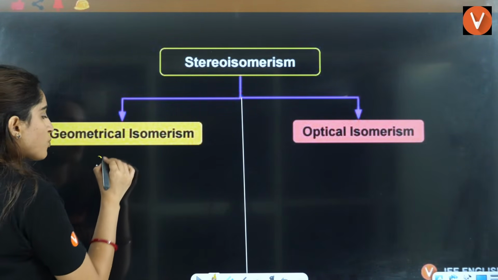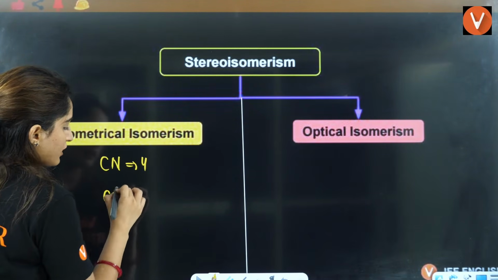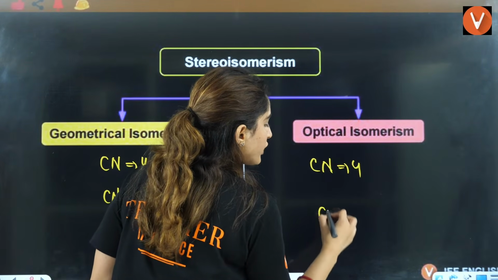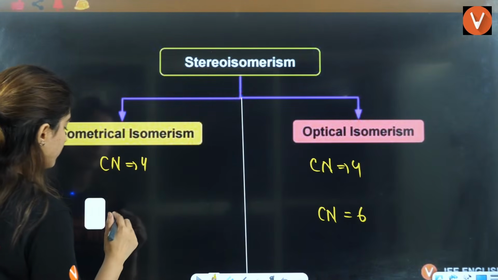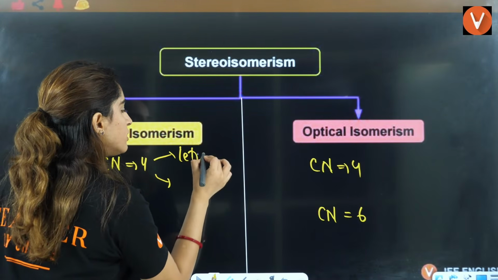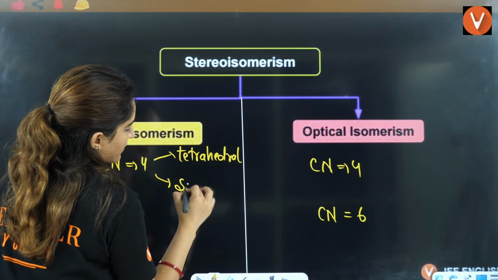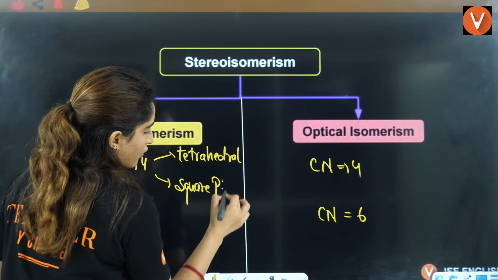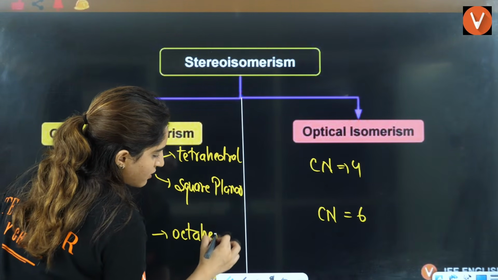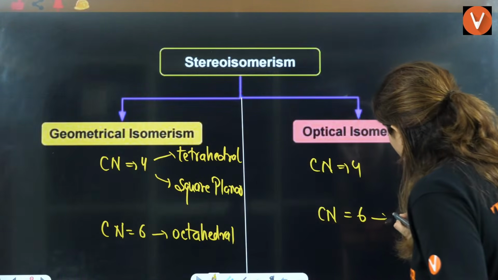We are going to discuss both of them in coordination number 4 and coordination number 6. For coordination number 4, you have two kinds of geometries: one can be tetrahedral, the other can be square planar. Coordination number 6 is always octahedral, whether inner octahedral or outer octahedral.